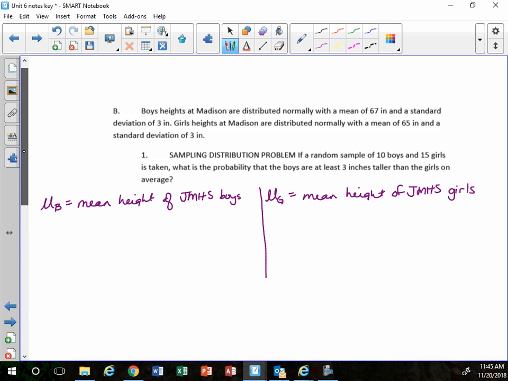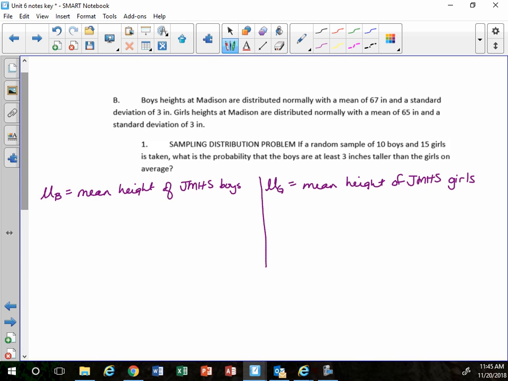And then let's write down what we know. Do we know mu sub B? Do we know the average of boys in JMHS, their height? Yeah, what is it? 67. Do we know sigma of B? Yes, it is 3.